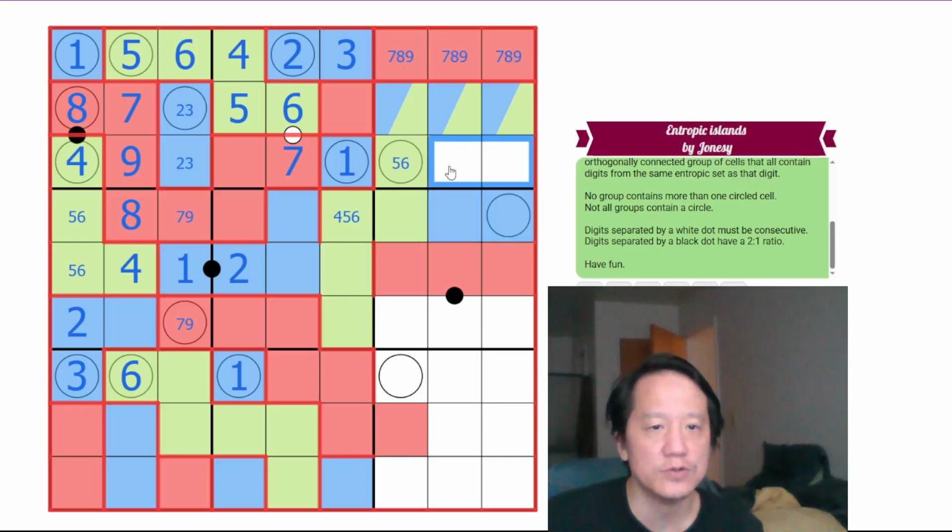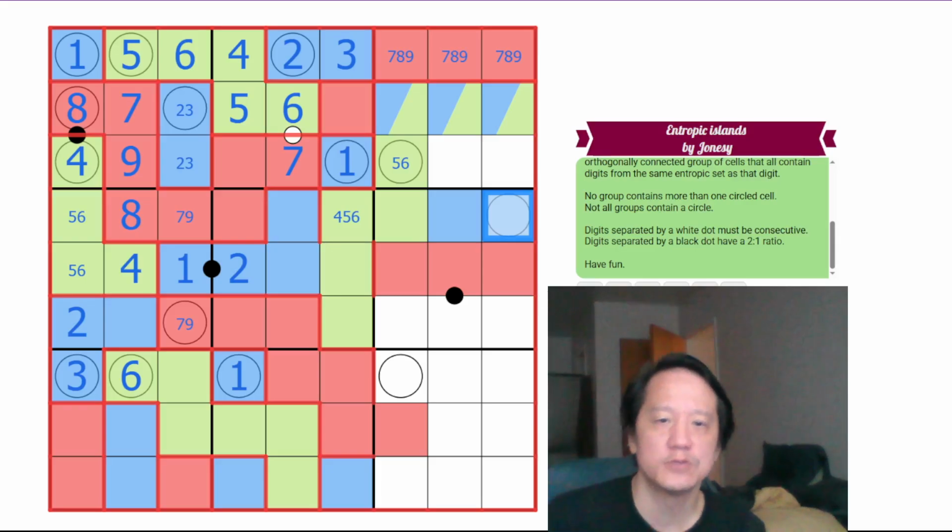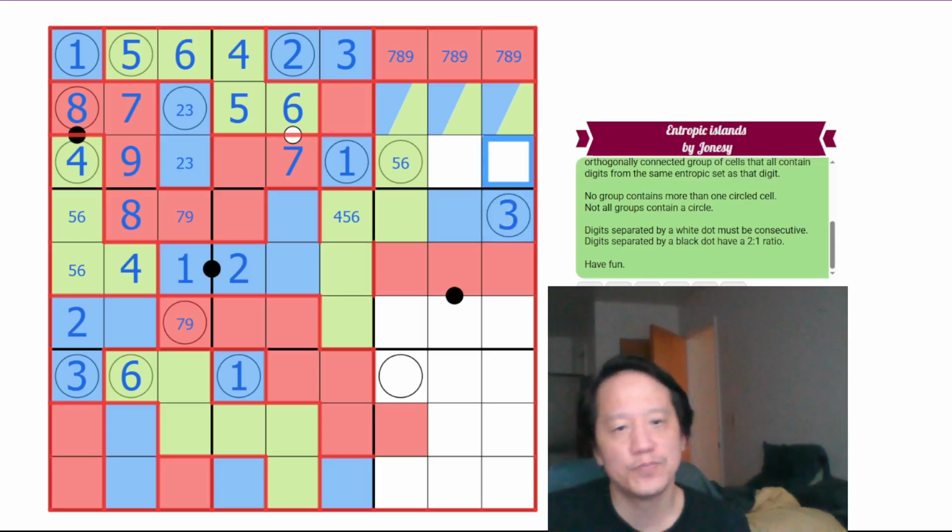One of these two is guaranteed to be a low. So it's going to be connected to this low set here. So this must be 3 here. So this is a low mid pair here.